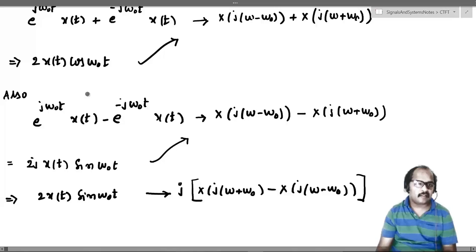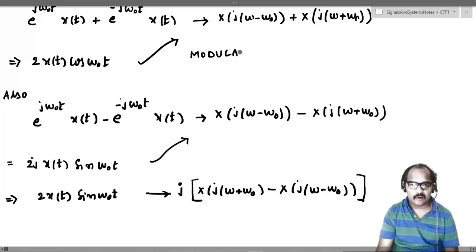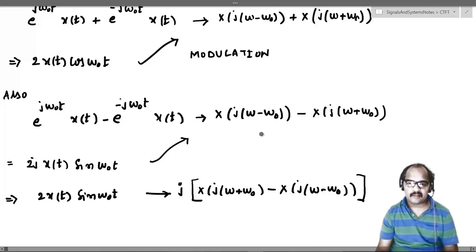But these two combinedly, 2x of t cos omega naught t and 2x of t sin omega naught t, both are called what? Modulation property. Your wish, you multiply with cosine term or sine term, but we call both of them modulation property. Especially this one: 2x of t cos omega naught t will have this as the Fourier transform, and 2x of t sin omega naught t will have this as the Fourier transform.